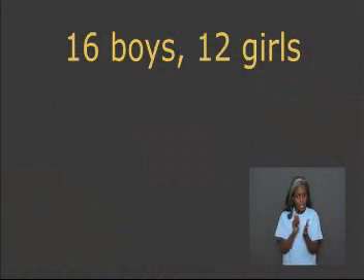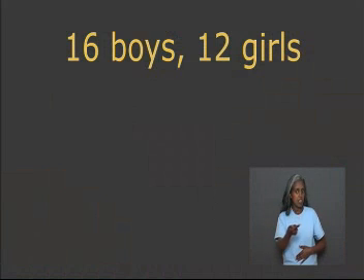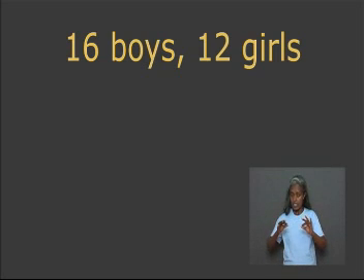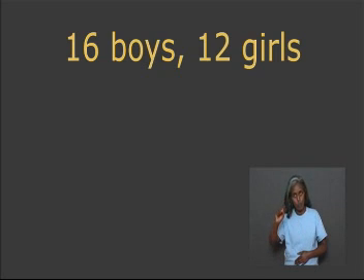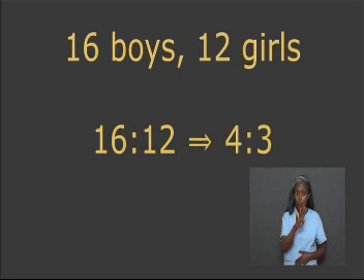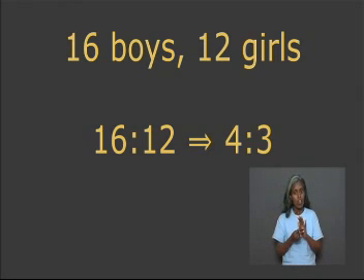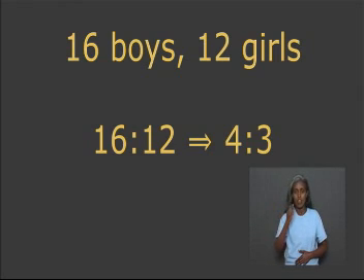For example, let us say that there are 16 boys and 12 girls in your class. From this, we can make the statement that the ratio of boys to girls in the class is 4:3. That means that there are 4 boys for every 3 girls. This is how to determine a ratio.